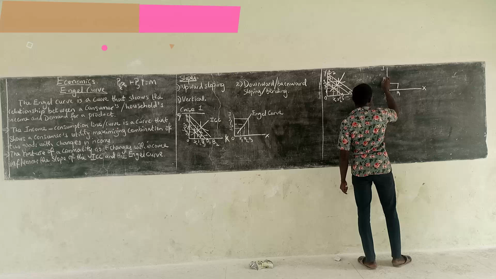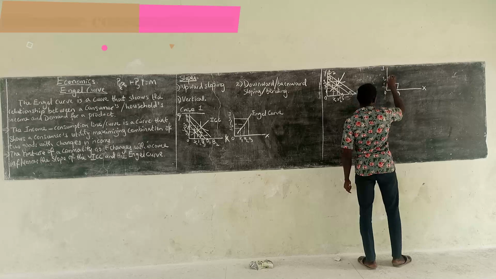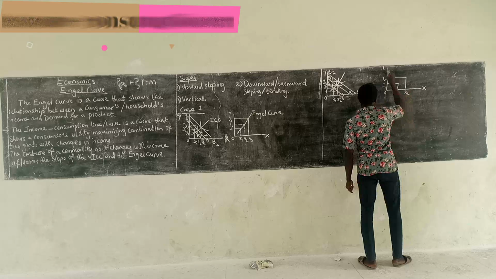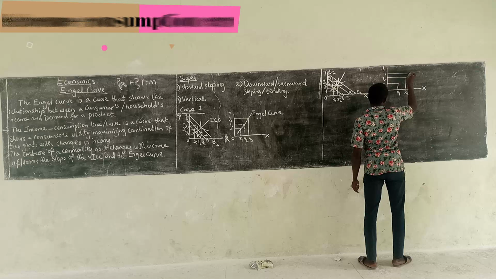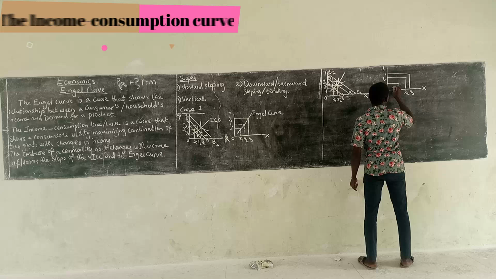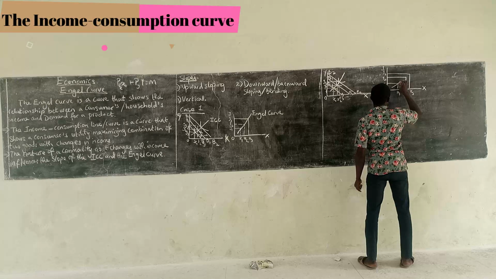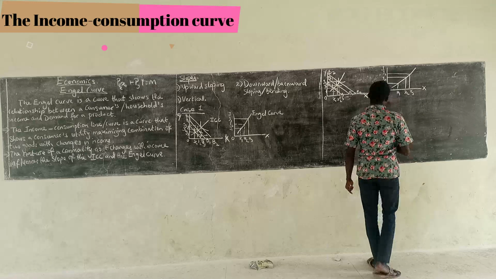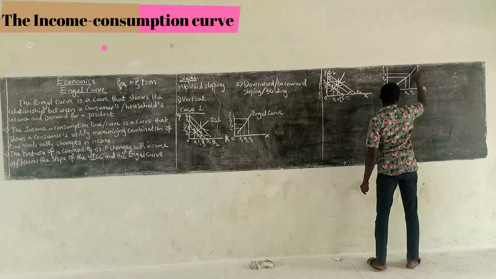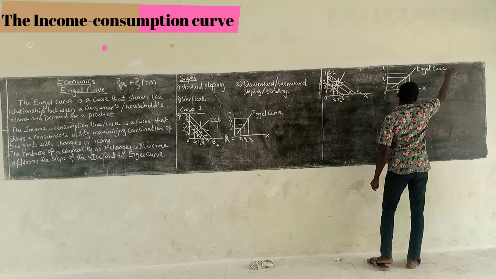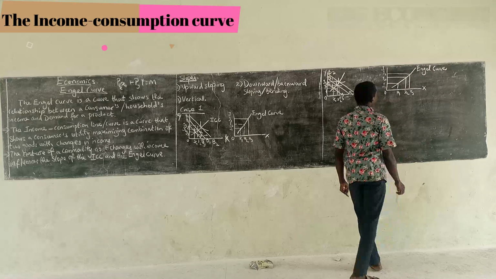When income goes to I2, the consumer consumed something like this, X2. And when income goes to I3, our consumer consumes something like this, X3. So crossing all these points will give you something like this. Yeah, that's right. So this is your Engel curve for necessities.